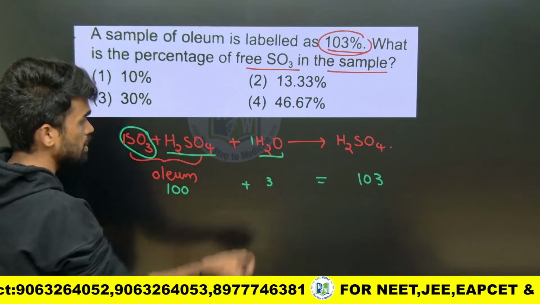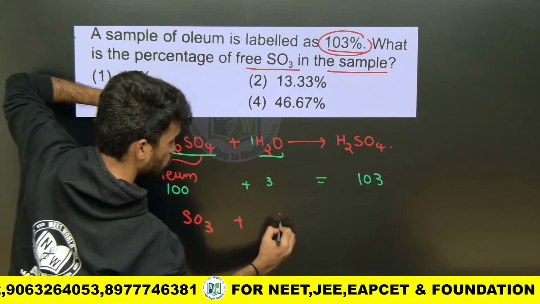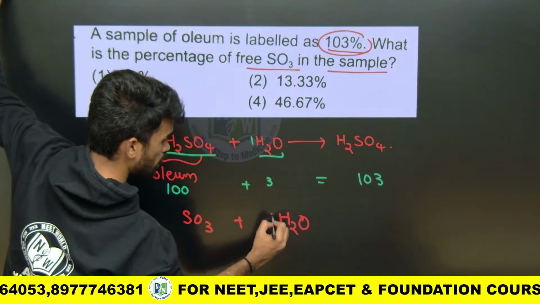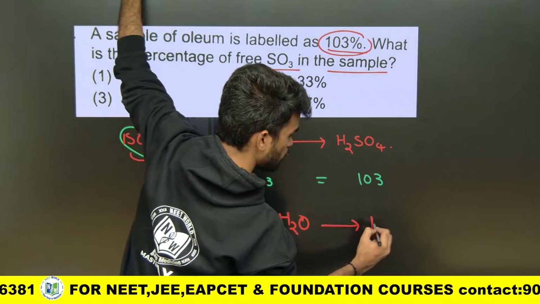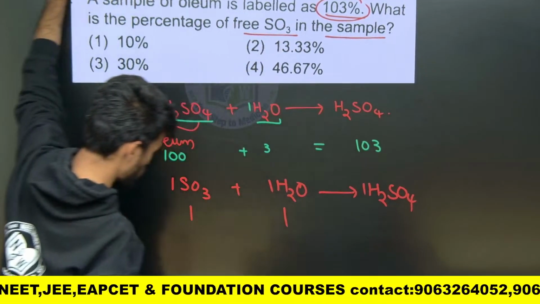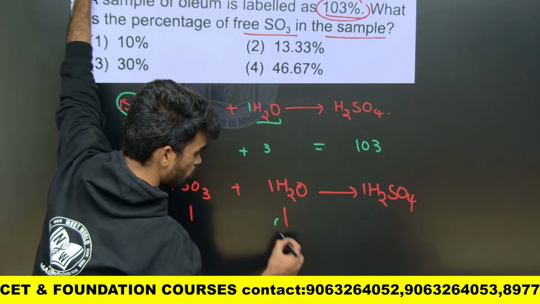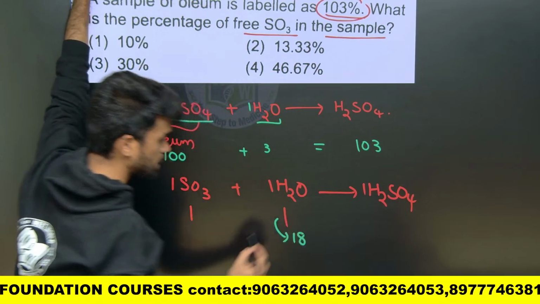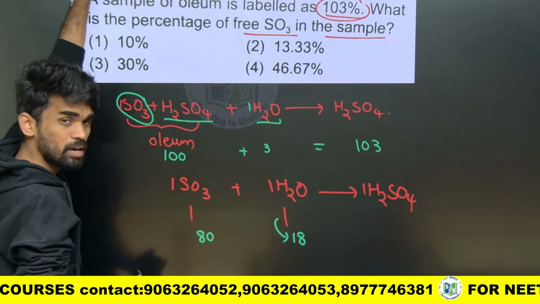Let us write this separately to understand it more clearly. 1 mole of water reacts with 1 mole of sulfur trioxide to form 1 mole of sulfuric acid. So 1 mole of water requires 1 mole of sulfur trioxide. 1 mole of water weighs 18 grams, so 18 grams reacts with 80 grams of sulfur trioxide. Why am I writing 80 grams?